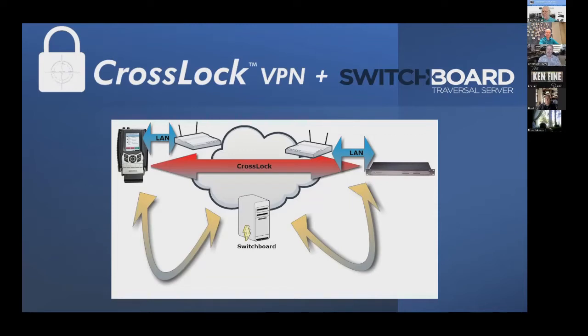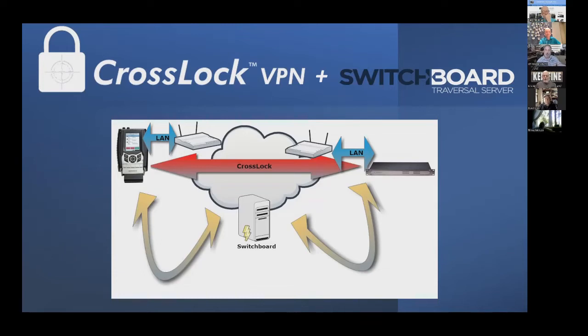Otherwise, you have to manually do some settings on each of the devices on either side so that each device knows their individual media access control address or MAC address. Then it'll do a Crosslock connection. But Switchboard makes it automatic. Switchboard also does the neat trick of keeping the devices connected and making sure that they maintain status information in between them. So they work together.